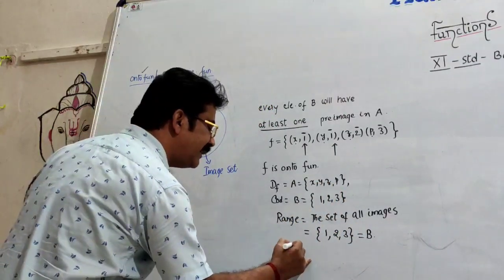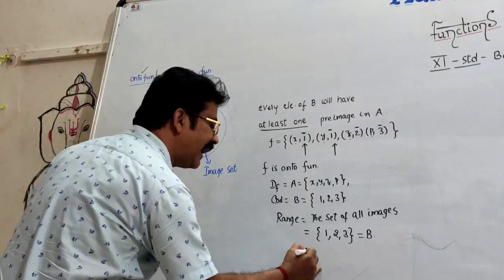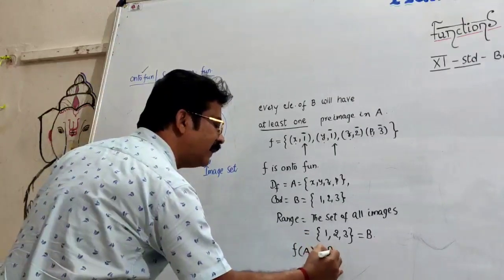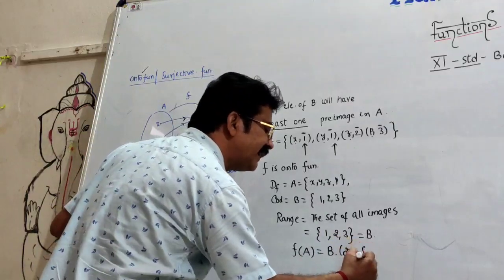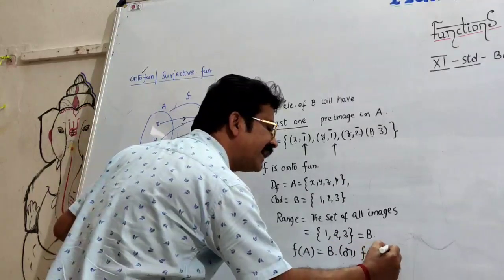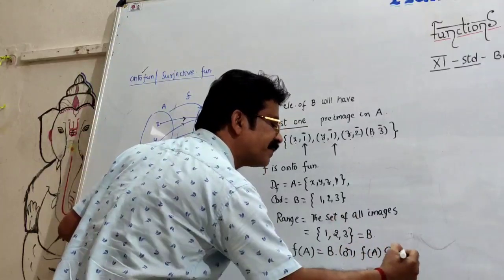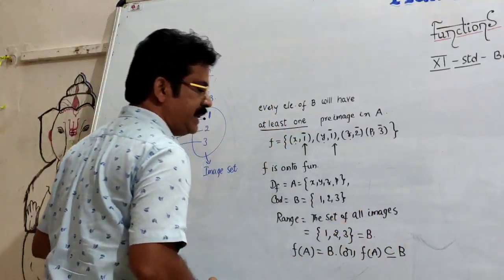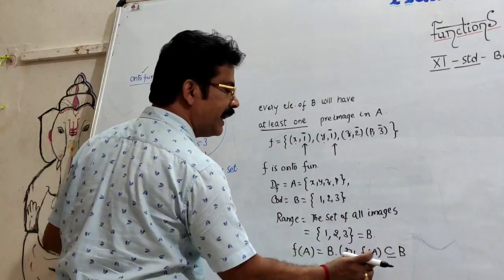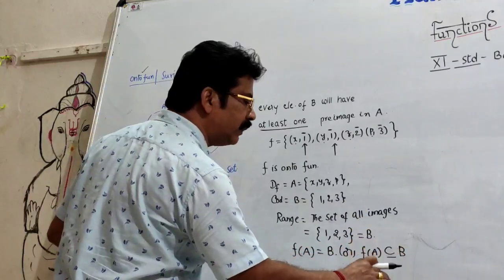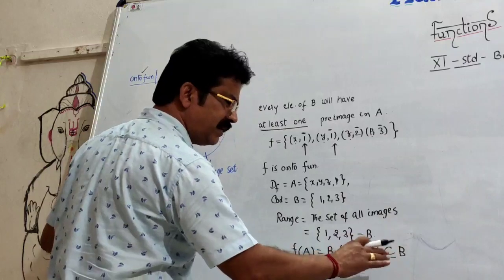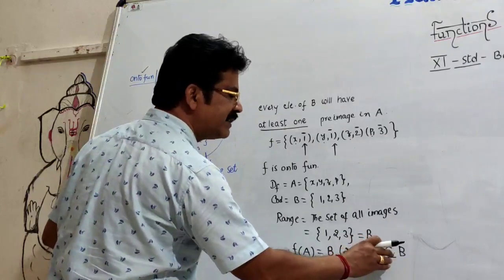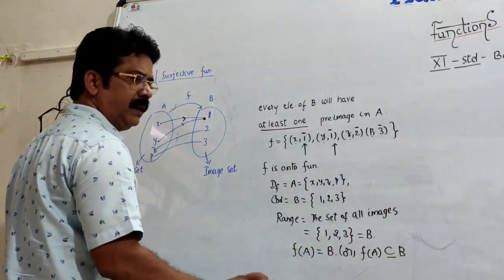What I am telling is that indirectly f of A is equal to B, or in sets language we can say that f of A is an improper subset of capital B. So therefore f of A is a subset or equal to B, we can say normally like that, or f of A is an improper subset of capital B. Both are same.